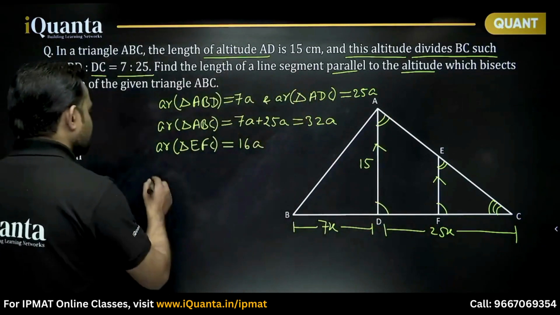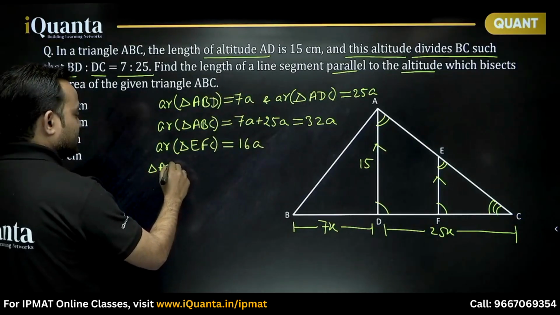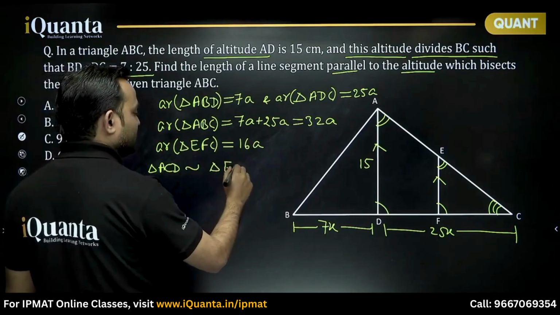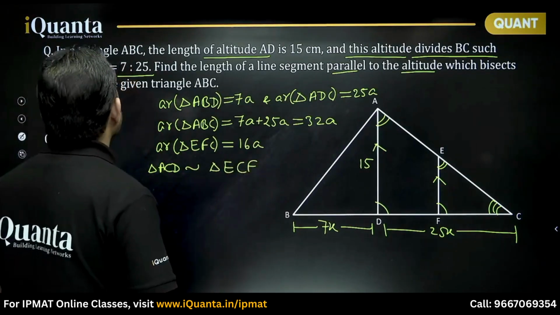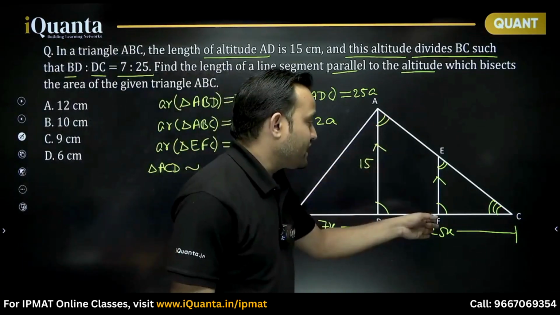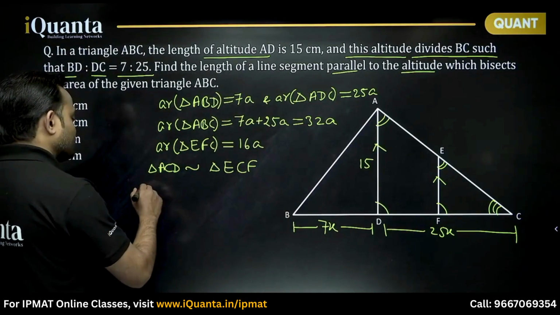So can we say triangle ACD will be similar to triangle ECF, right? Now what do we need to find? We need to find the length of the line segment. We need to find EF, right? Now what is the ratio of their areas?